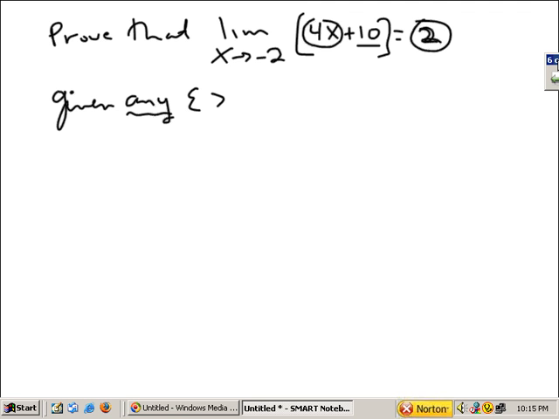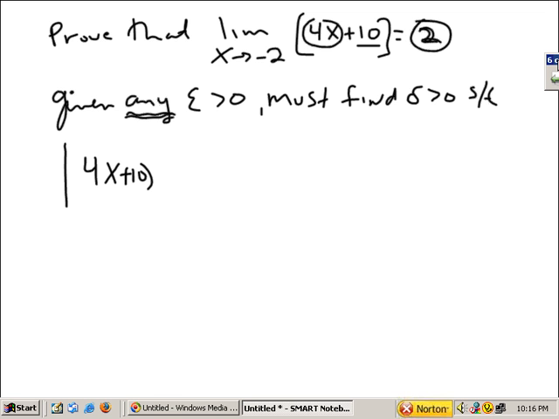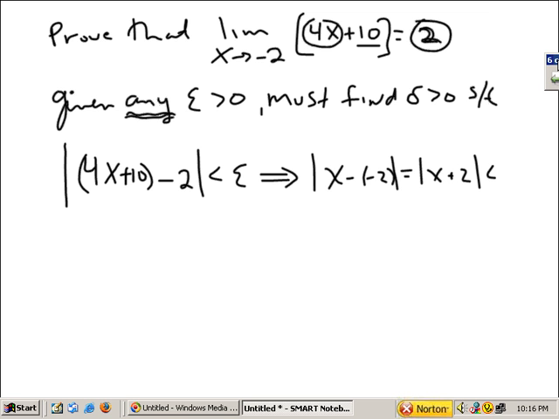Given any epsilon greater than 0, you must find delta greater than 0 such that, this small three-letter word was important, the absolute value of the function 4x plus 10 minus the limit 2 is less than epsilon guarantees that the absolute value of x minus -2, better known as x plus 2, is less than delta.